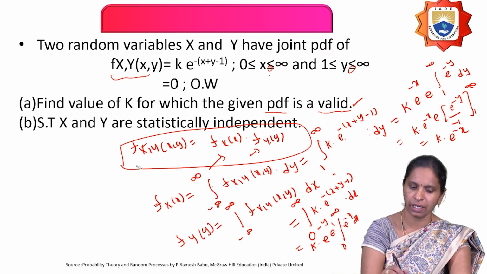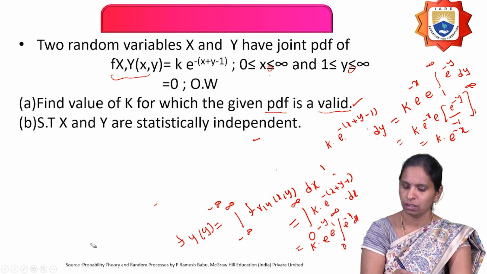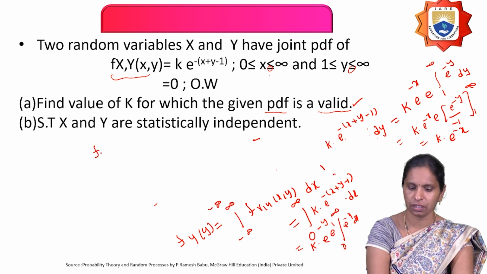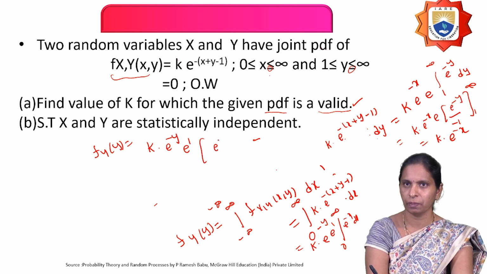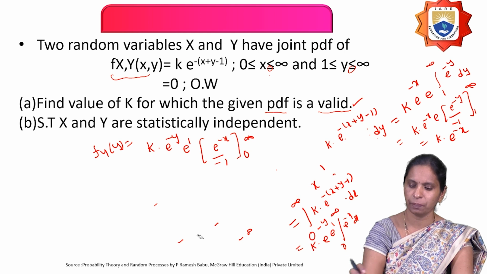Now, if you simplify, what can you obtain here? fy of y is equal to k into e power minus y into e power 1 into the integration of e power minus x, which is e power minus x by minus 1. And what are the limits of x here? From 0 to infinity. Now, substitute the upper and lower limit.